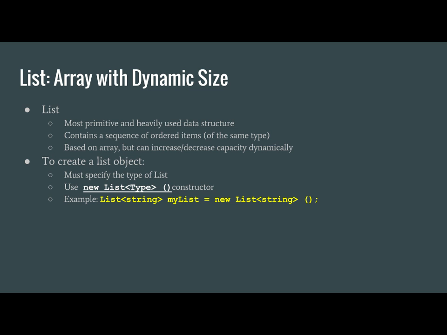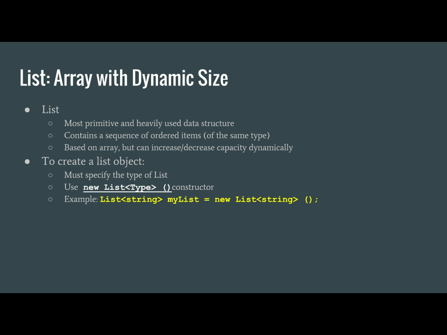List is a very primitive but heavily used data structure in computer science. It contains a sequence of ordered items. They are all ordered and indexed, and it is based on an array, but it has a dynamic size. In other words, the size can increase as demanded while the program is running, and it can decrease if you want, and you do not need to specify the size.